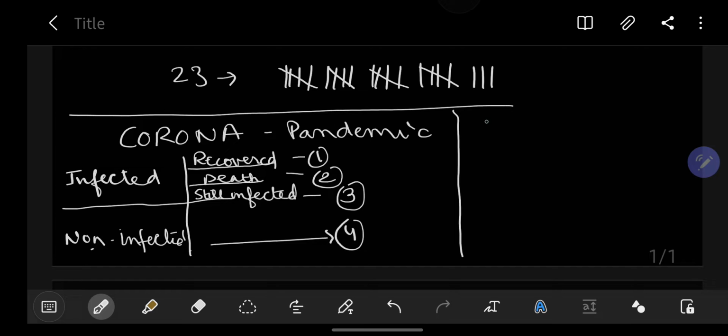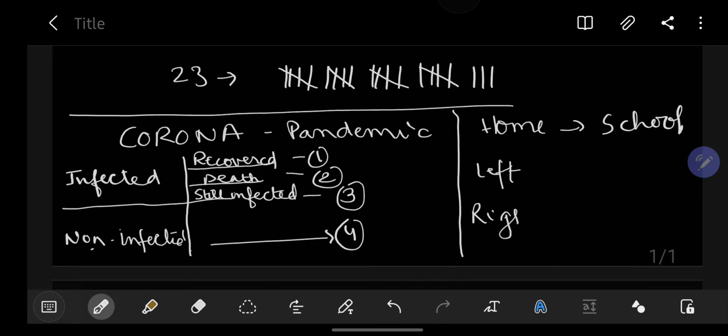Suppose from home you are going to school. Let us just assume that it's not a straight way. So your 2 categorical variables would be left and right.